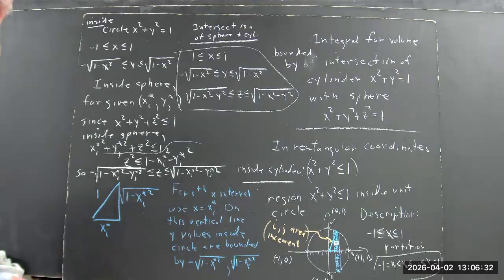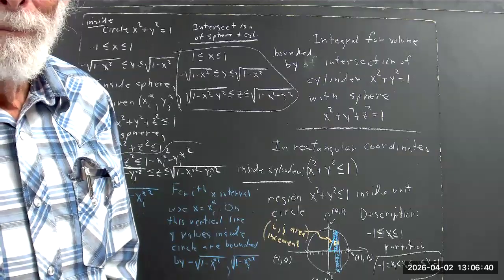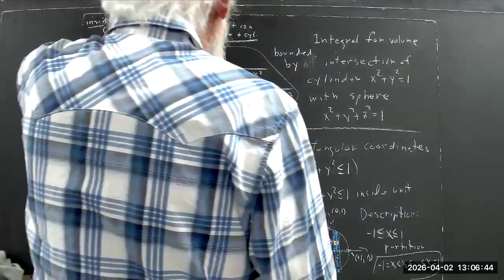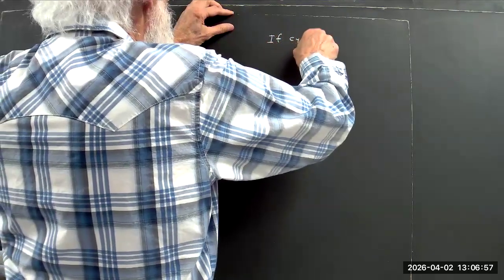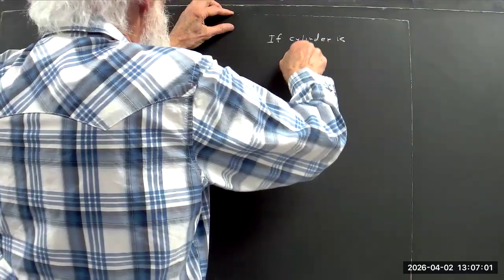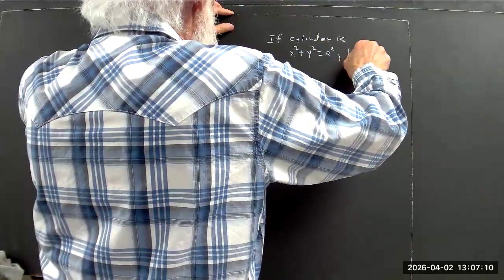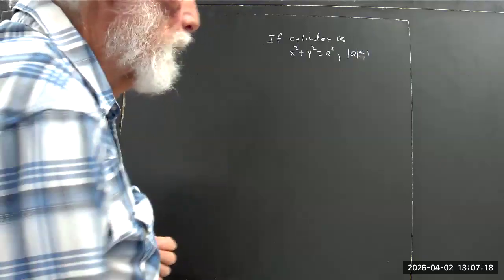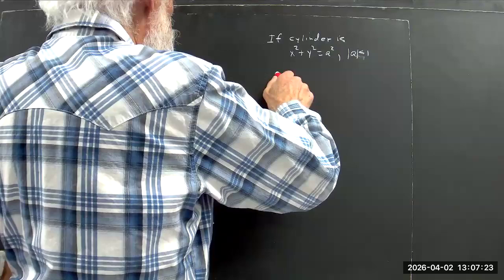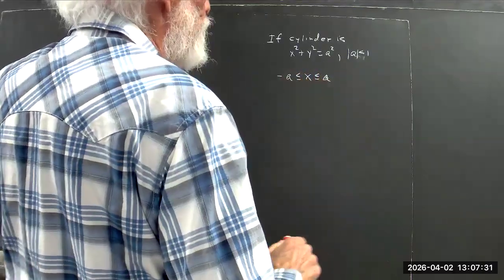If we changed it slightly to where the cylinder was x squared plus y squared less than or equal to a squared, say, where a is less than 1, then you have a bit of a restriction, and it should be clear that the description would be, assuming a is positive.